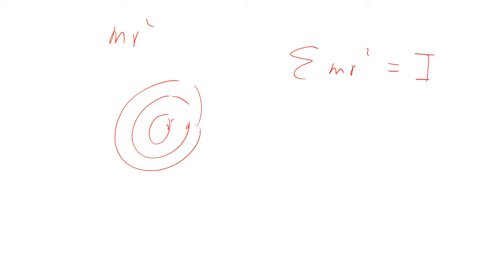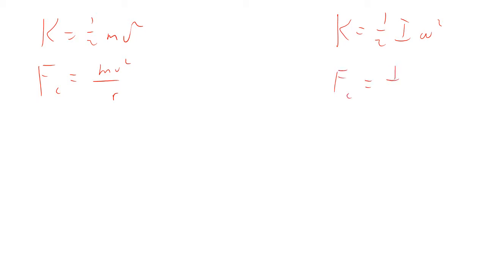It falls into all the equations the same way that m does. So where we used to have that kinetic energy is 1/2 mv squared, we now have the kinetic energy is 1/2 I omega squared. Where we used to have, for example, centripetal force is mv squared over r, we now have centripetal force is I omega squared over r.